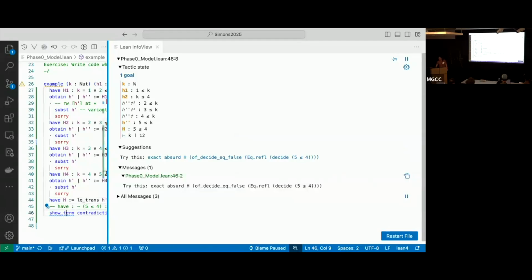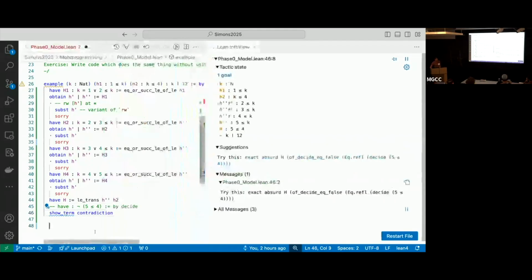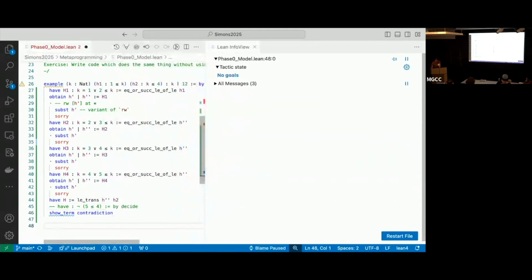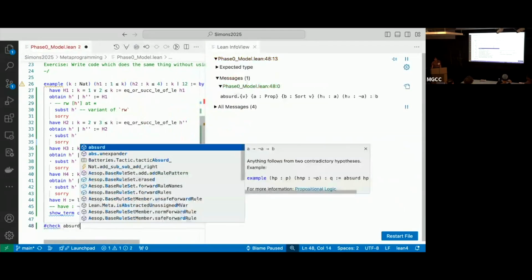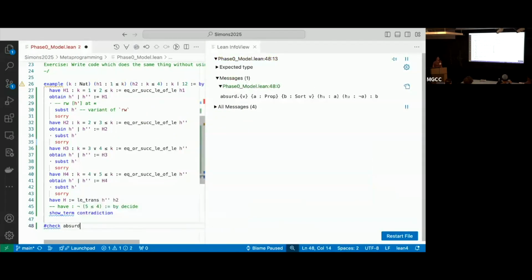So this is what the contradiction is building. It is building a proof term. This part from here on is the proof term. And as you can see, the leading lemma is this lemma called absurd. So let's see what the absurd lemma says. This is from the good old reductio ad absurdum. This is a lemma, probably one of the first lemmas in the library.